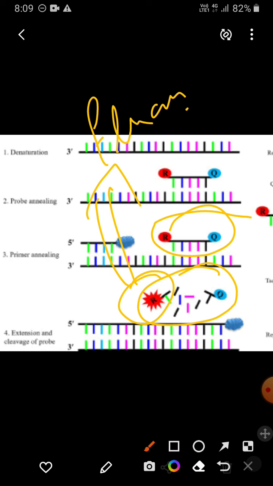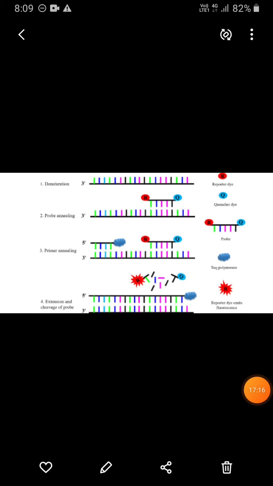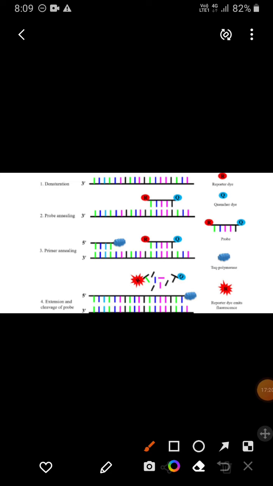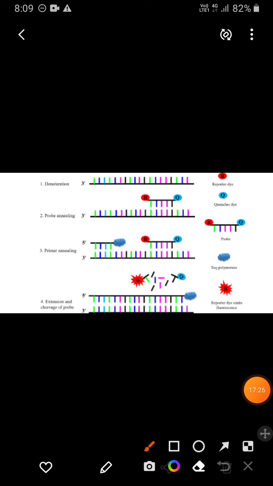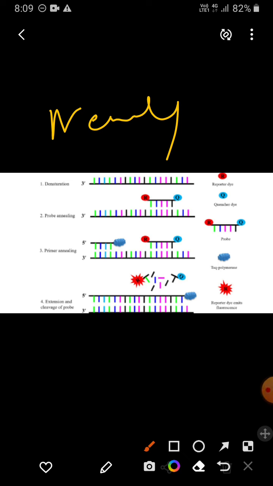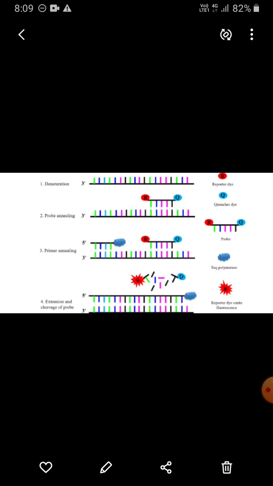That is how the sequence specific probe based method of real time PCR works, and it tells us about the generation of the newly synthesized strand. If it fluoresces, that means our newly synthesized strand containing the gene of interest is successfully synthesized. Okay, that is the idea.